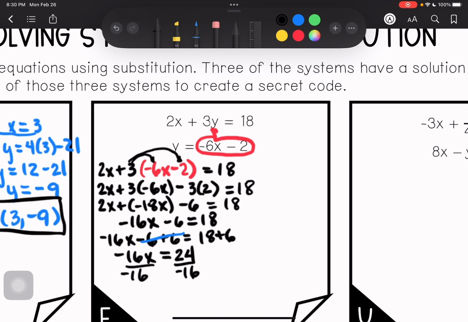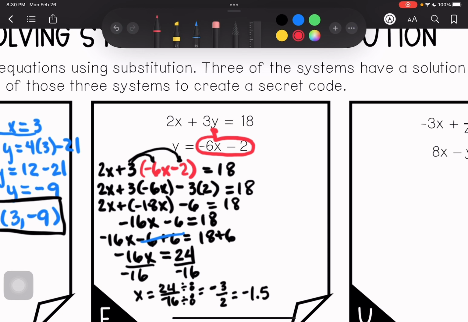You're left with x equals 24 over negative 16. The number that divides into both with no remainder is 8. Therefore, you get negative 3 divided by 2, which is negative 1 1/2.